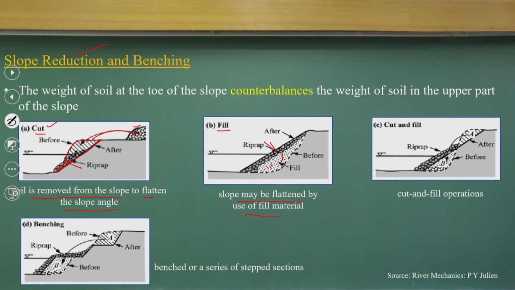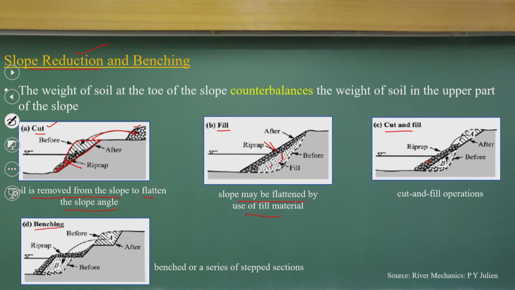You can understand from the before and after that there will be partly cut, partly fill, then a stone riprap or Gaussian matrix or any riprap concept. Nowadays we also do geotextile riprap for smaller rivers. Basically, this reduces the slope of the riverbank to a stable slope.